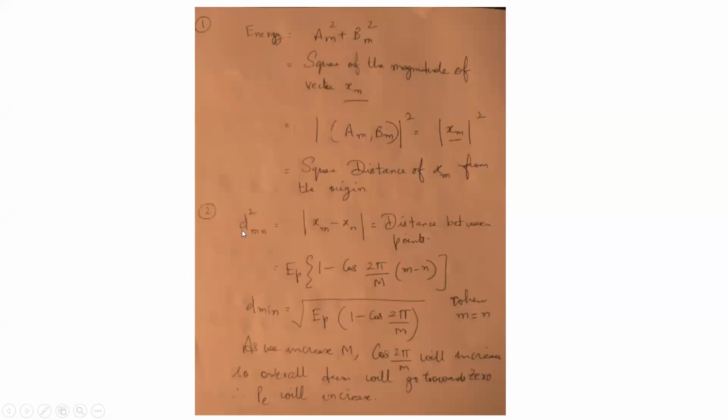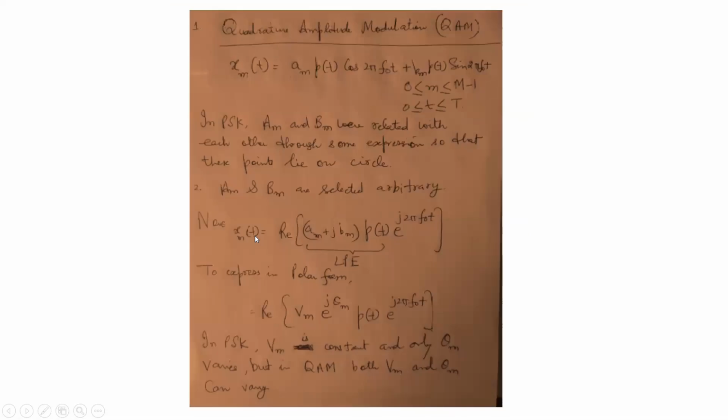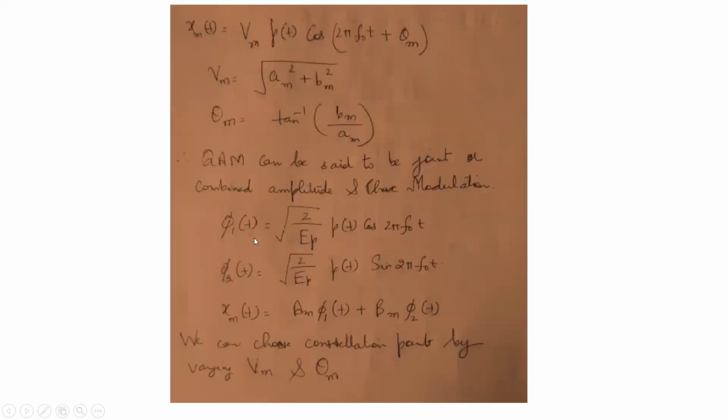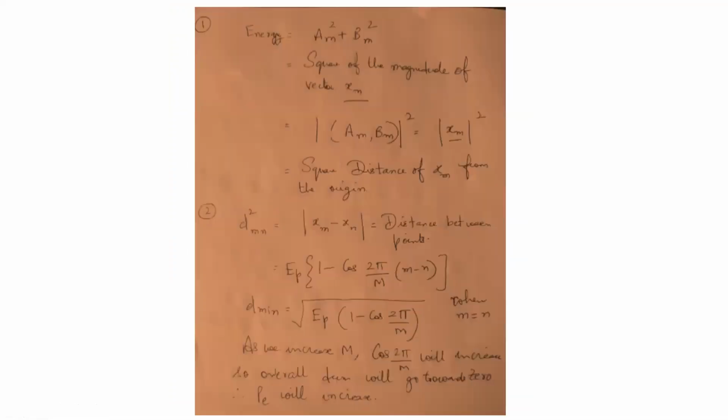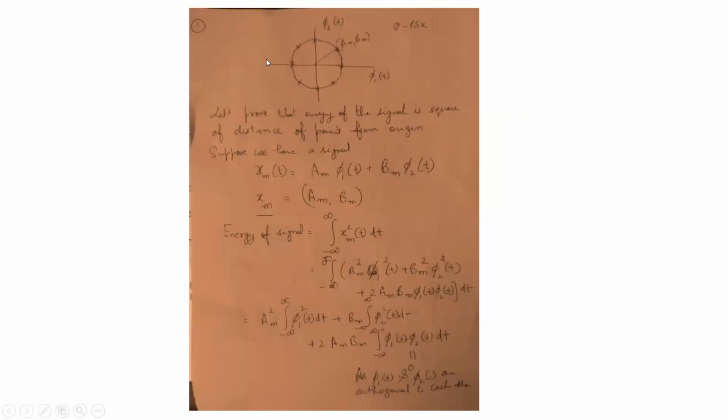So in general, I say the distance between 2 points m and n, and the square of the distance.